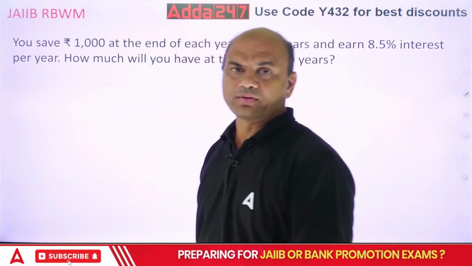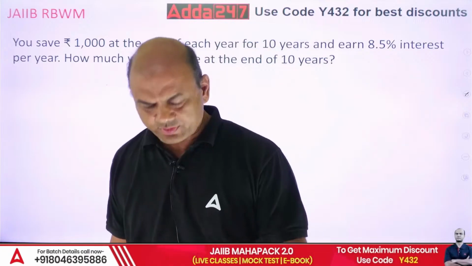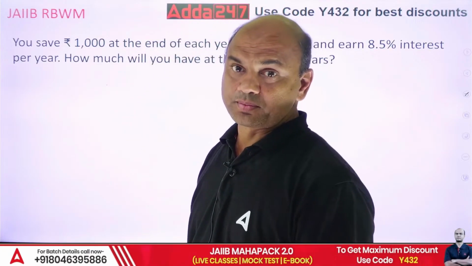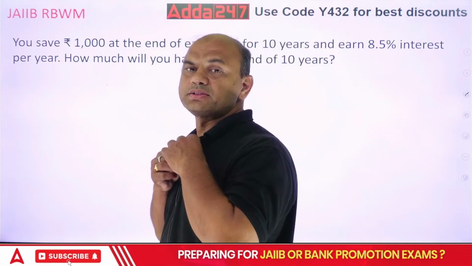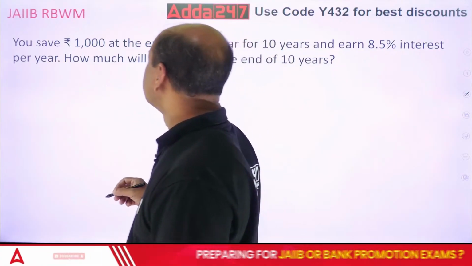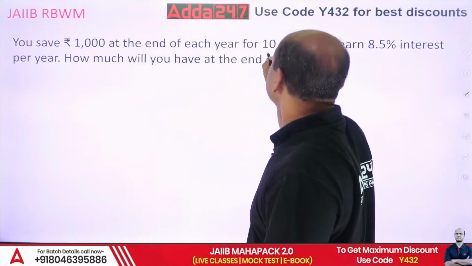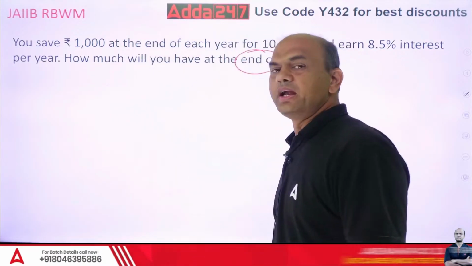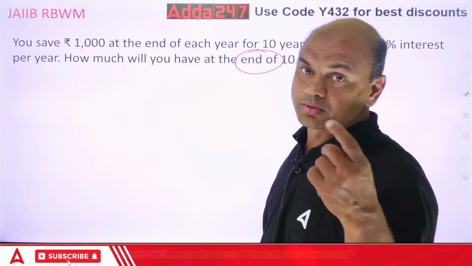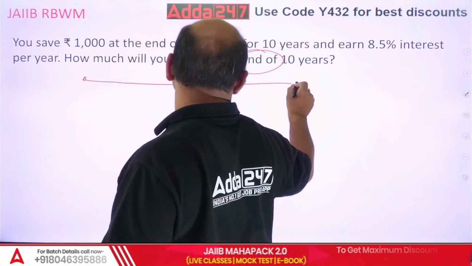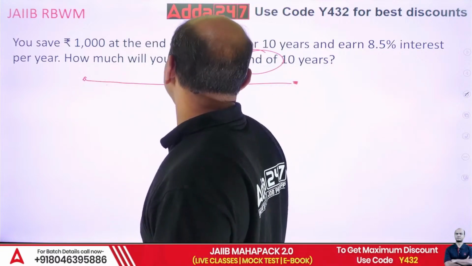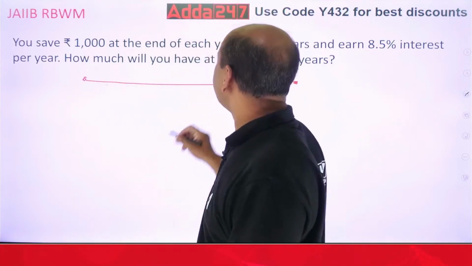So how to solve annuity? For solving annuity, you have to use a different formula. How much will you have at the end of the 10 years? After 10 years, what amount will you have? Look at this problem. I go on investing rupees 1000 at the end of each year.